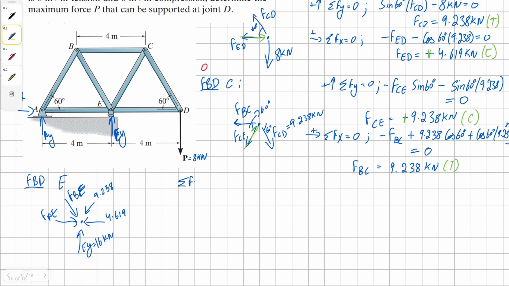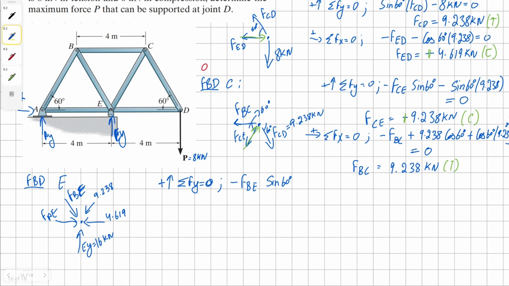Let's sum the forces in the y direction to find the value for the force in member BE. It's going to be the vertical component of member BE, because it's an equilateral triangle, it's going to be sine 60 degrees. And then it's negative because we're assuming this vector to be in compression.